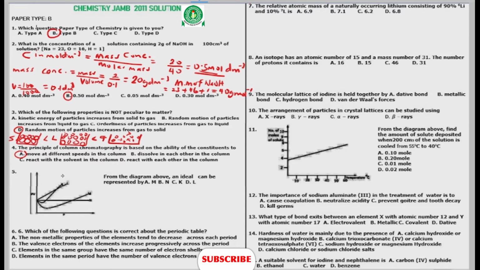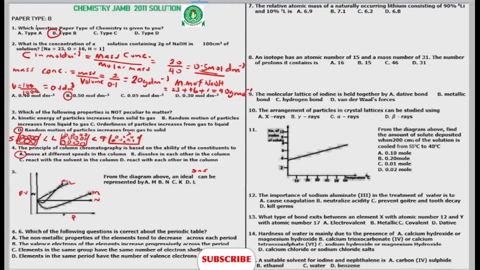So question number 5 says, from the diagram above, an ideal gas can be represented by, now look at this very well, K, L, M, and N. This is a graph of PV against P. As you can see, the line L, this inclined line, increases with increase in pressure, meaning that the pressure is not constant.